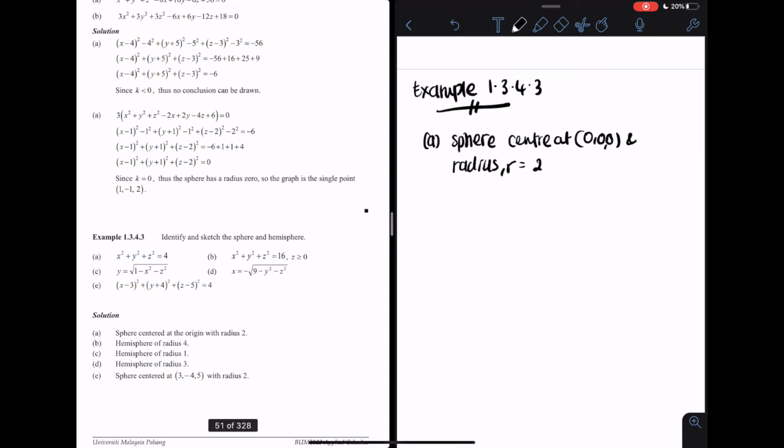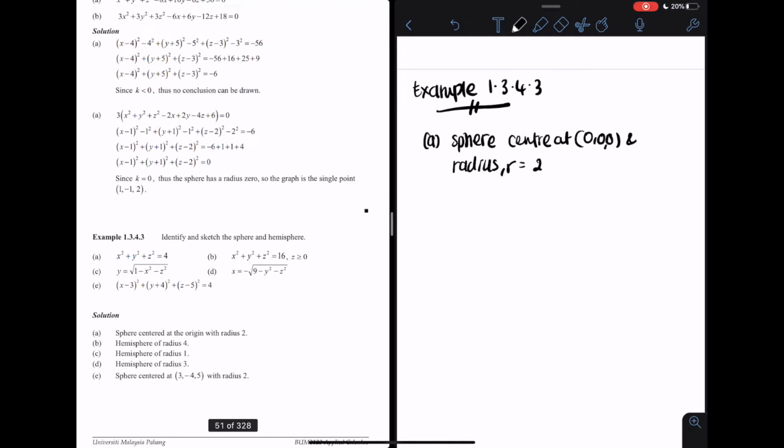Okay, let's take a look at question B. Again, you will get a sphere. By right, without the condition z larger than or equal to 0, you will end up with a sphere with radius 4. But since there is a limitation that z should always be larger than or equal to 0, that equation will produce an upper hemisphere.